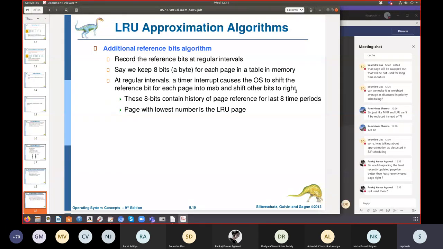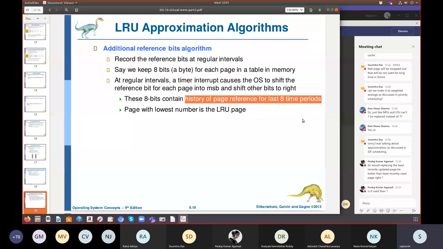It implies that if you are using 8 bits like this, then those 8 bits contain the history of page references for the last 8 time periods. In whichever time period it was accessed, there will be a 1 in the bit, and whenever it was not accessed, the bit value will be 0. Maybe you have done this in digital logic or some similar courses.